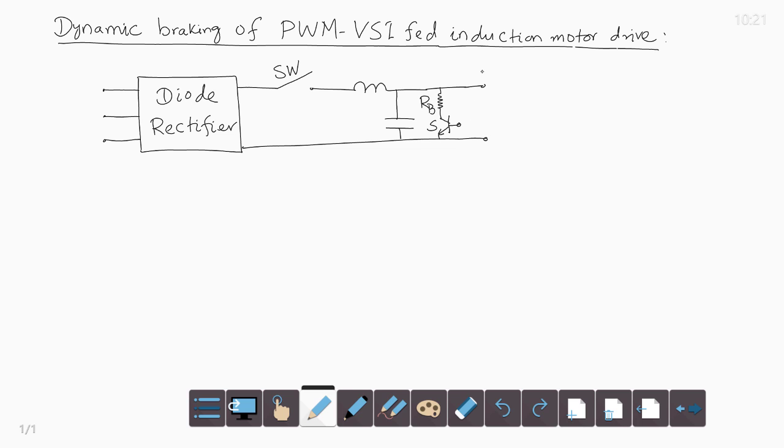This is feeding DC voltage to the pulse width modulated voltage source inverter, which is feeding the 3-phase induction motor. So, this is the voltage VD, DC link voltage across the PWM VSI, and ID is the current in the DC link.